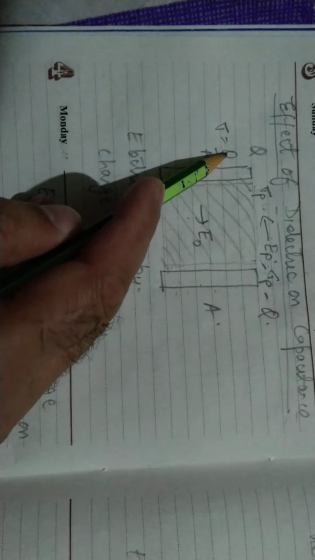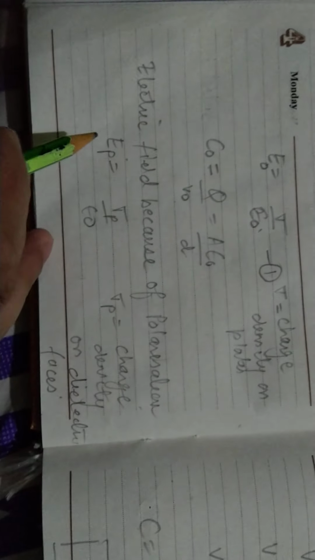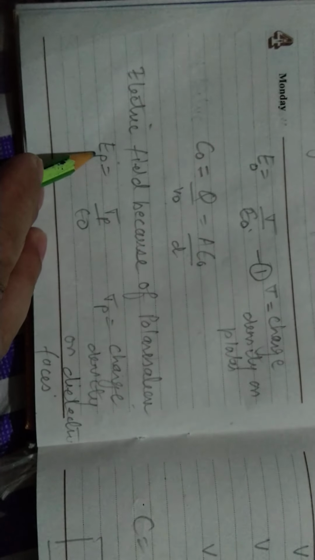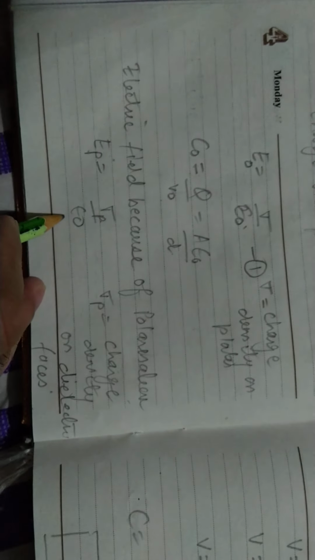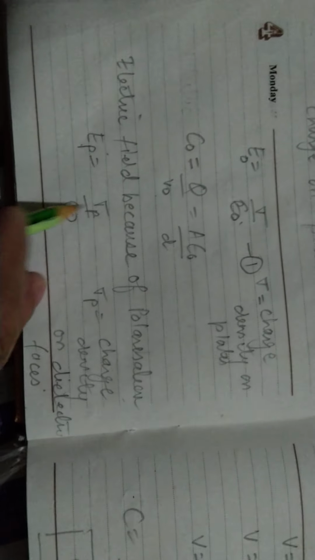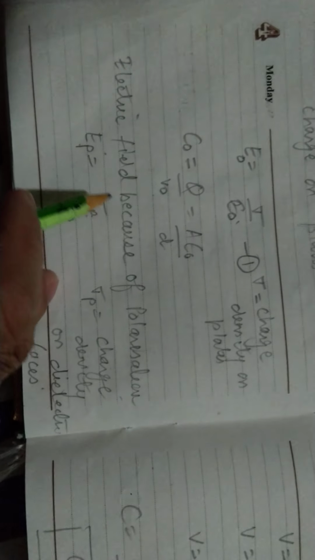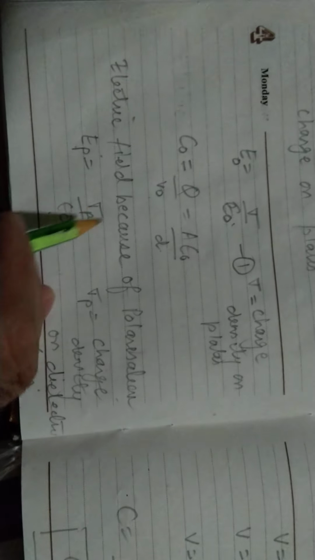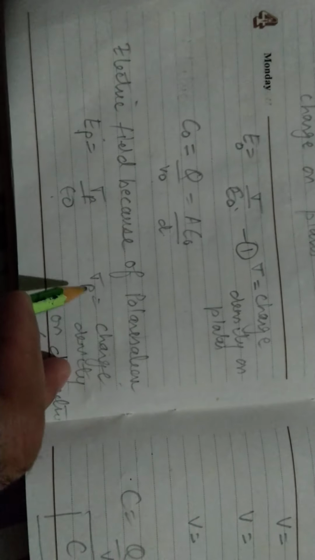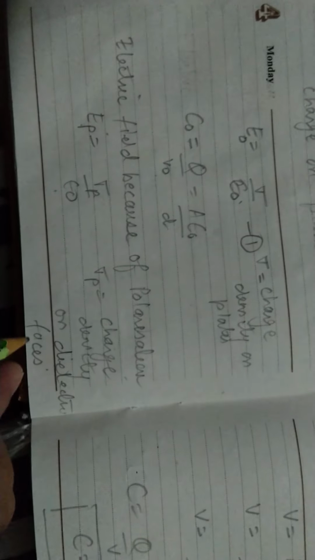The field because of polarization is sigma P over epsilon naught, just like sigma over epsilon naught because of the charge on the plates, where sigma P is the charge density on the dielectric faces.